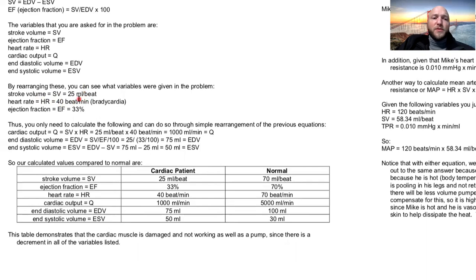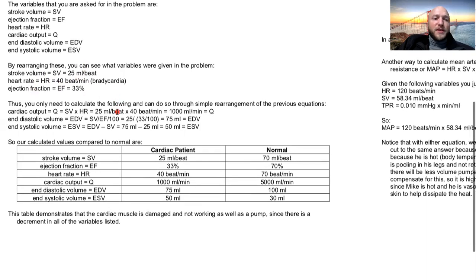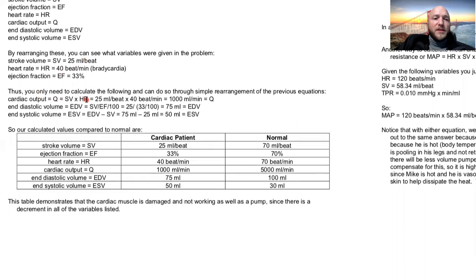So stroke volume 25, heart rate 40, ejection fraction 33%. Thus, you only need to calculate the following, and you can do it through simple rearrangement of the previous equation. Cardiac output is equal to Q. Cardiac output is stroke volume times heart rate. So we've got stroke volume, we've got heart rate, 1,000 milliliters per minute is our cardiac output.